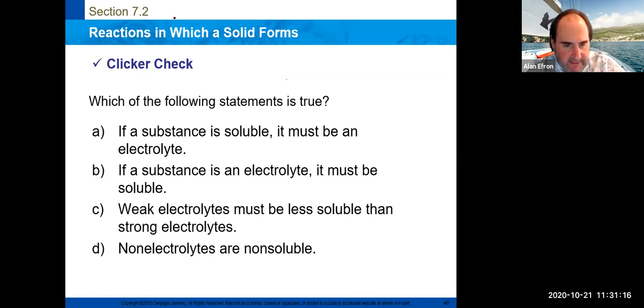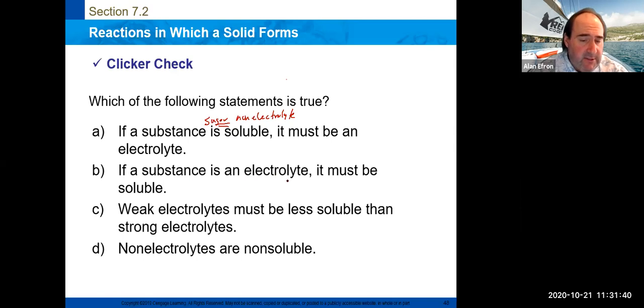If a substance is soluble, it must be an electrolyte. That is not the case, because something like sugar is definitely soluble, but sugar is a non-electrolyte. It will dissolve, but will not produce any ions, so it's not an electrolyte.